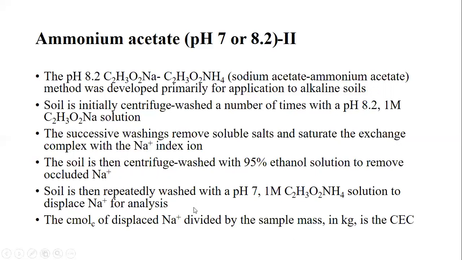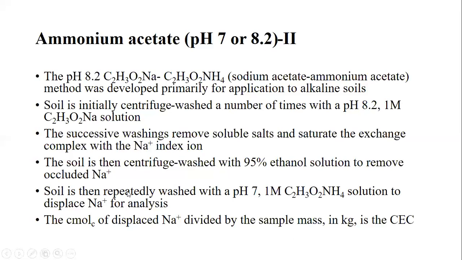Soil is then repeatedly washed with a pH 7, 1 molar ammonium acetate solution to displace sodium for analysis. Remember, now we have a soil saturated with sodium. Only sodium is there, and no sodium anywhere else except on the exchangeable site. Now, how do we measure the CEC? We want to remove the sodium and measure it.